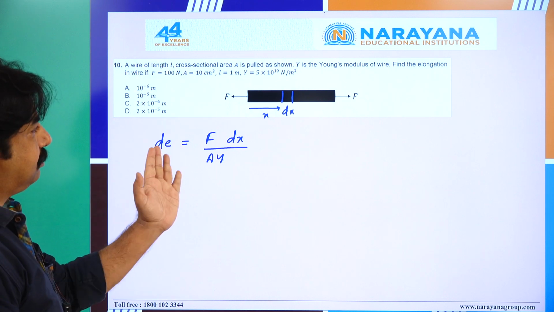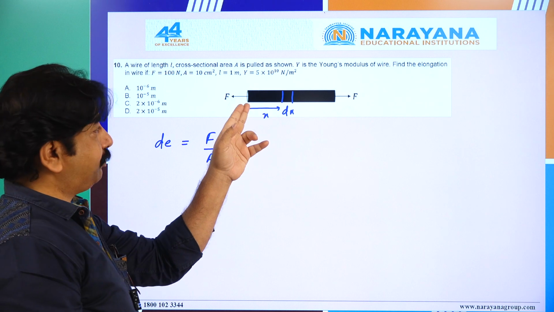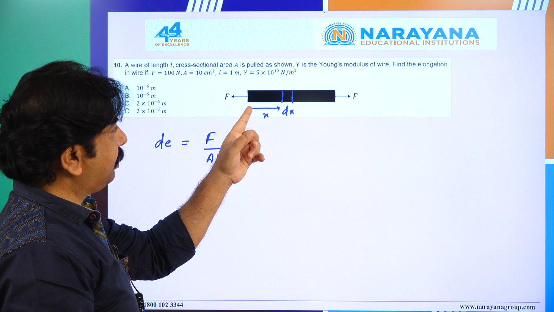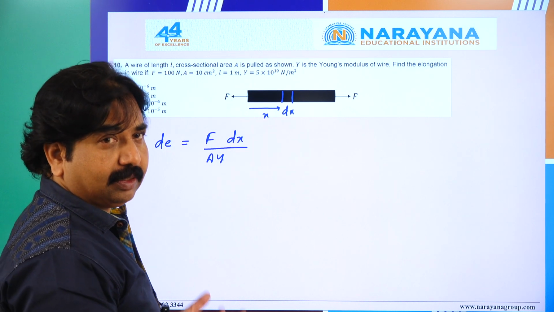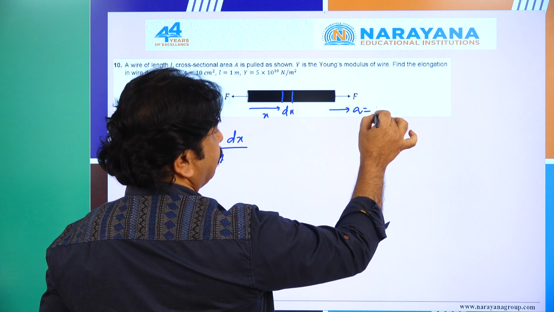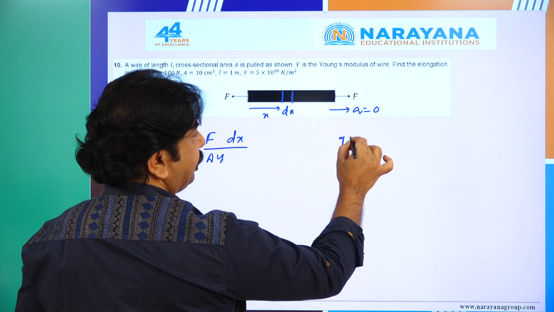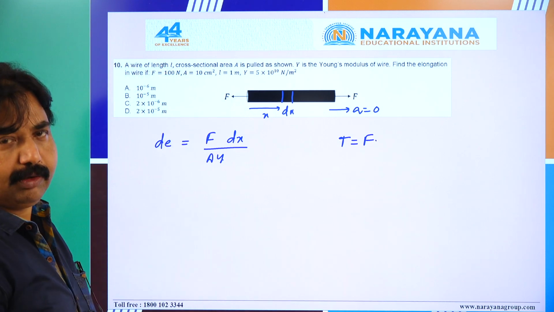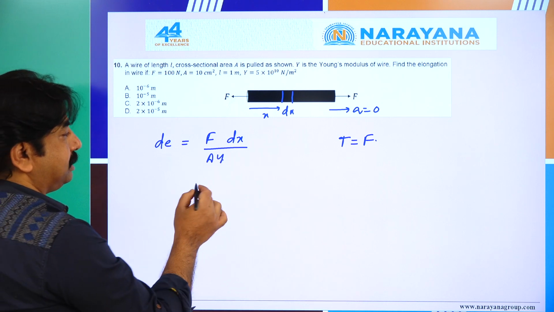But one thing here: the forces on the rod are the same at both ends. The tension at every cross section should be the same, already you know the point, since the acceleration of this rod is 0 only. Now the tension at every cross section T should be equal to F only.